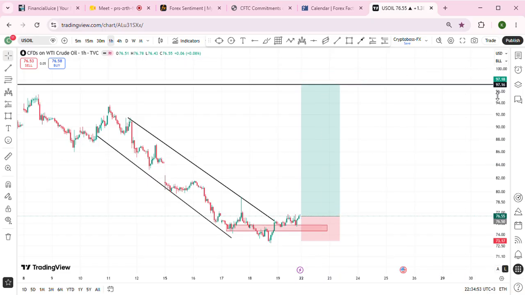Currently the target here is 97.1, let's say 97, which is this month's high, but I believe when the market starts going up, it will go above that high. But for now, let's target that one.